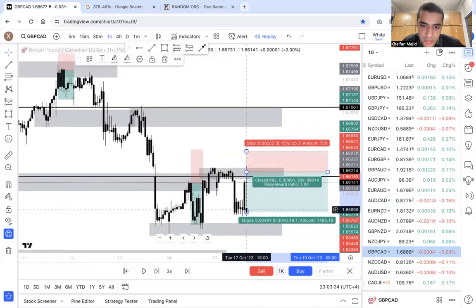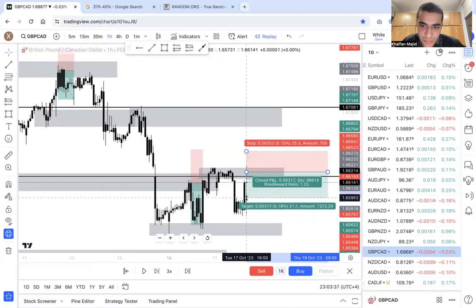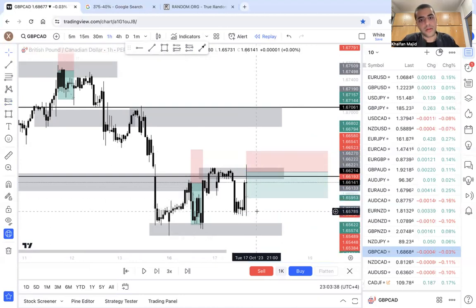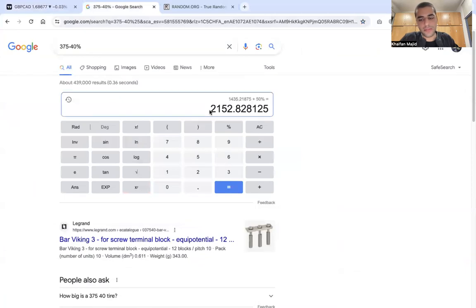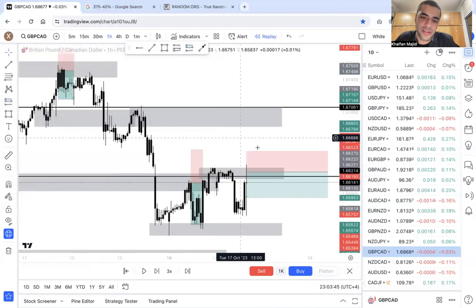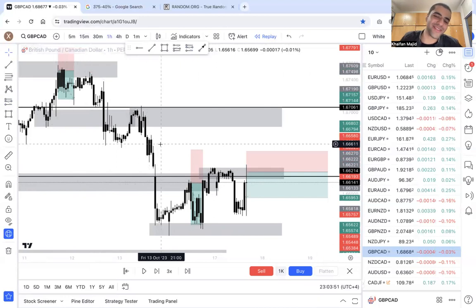Bro, what the fuck happened over here though? Because once you get the alert, you enter, but the problem with the alert, man, is that on backtesting you can cheat.